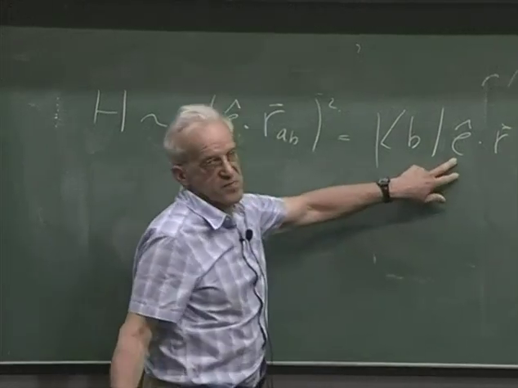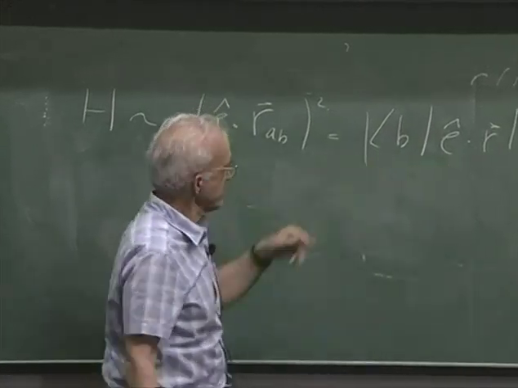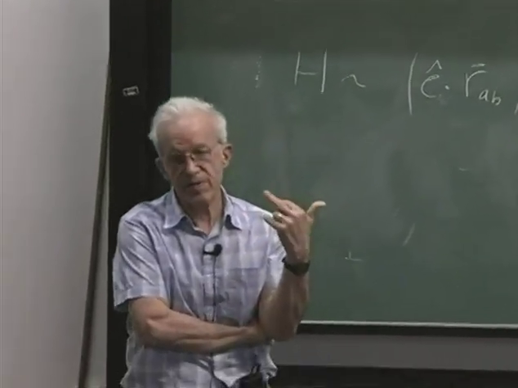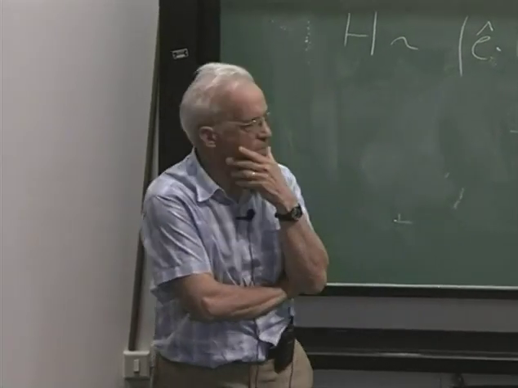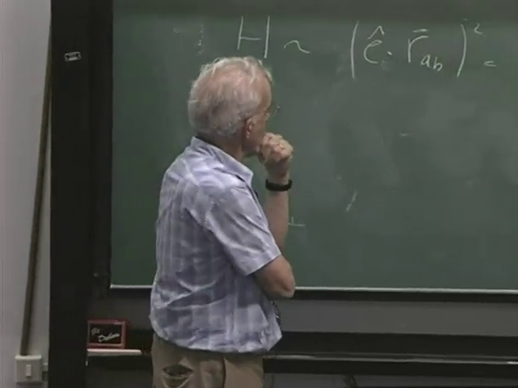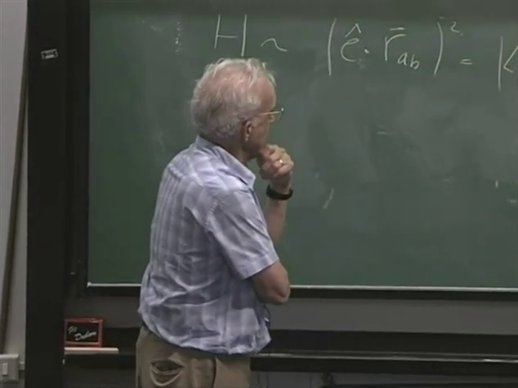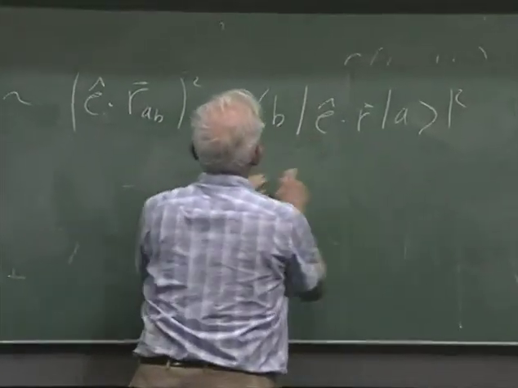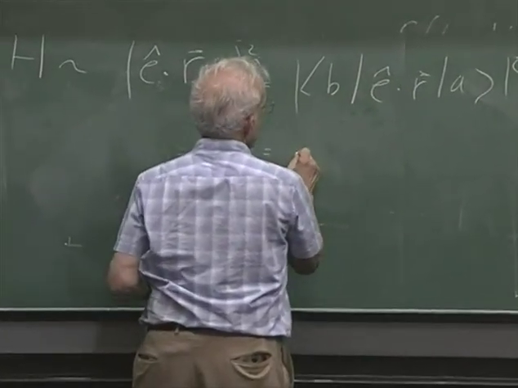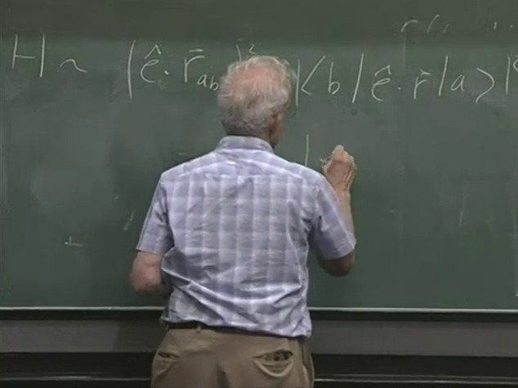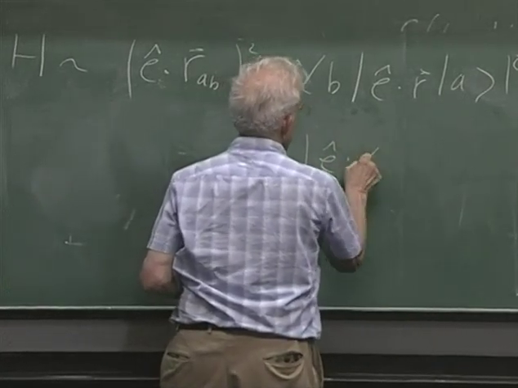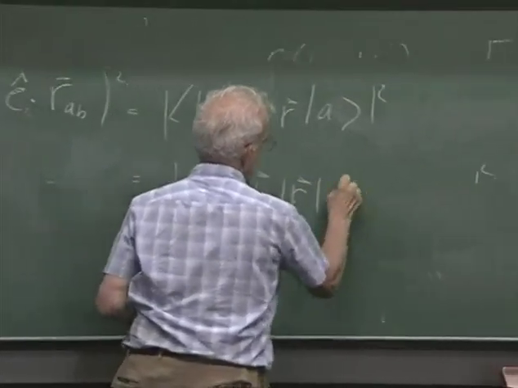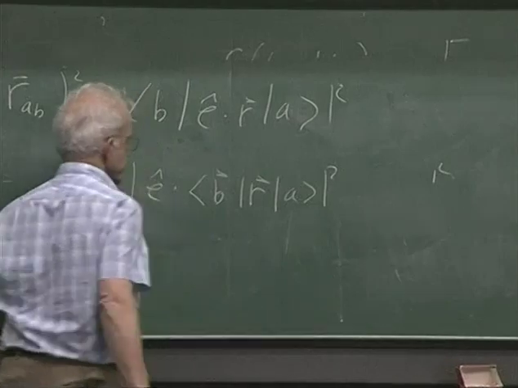This is a transverse vector over here. It's transverse to the radiation field, but it can have components in three directions, depending on the orientation of the system. This, of course, in fact, let me just write this thing as epsilon, I'll take this outside, dotted into b times r times a, squared.